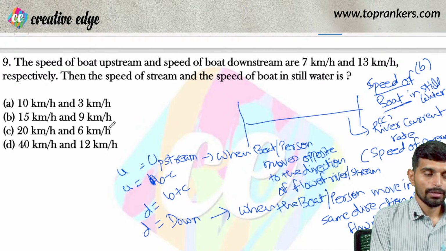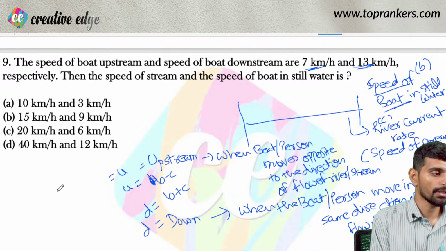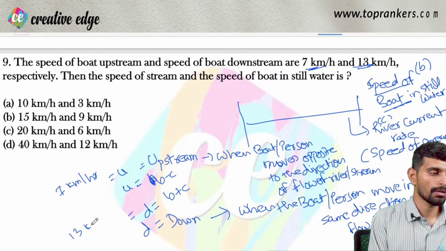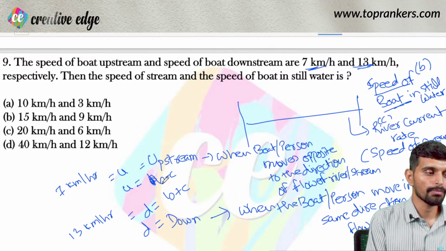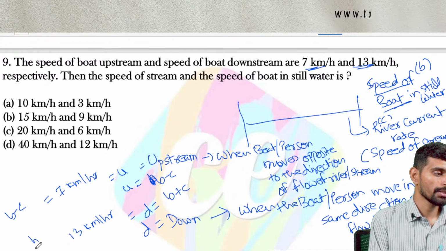So we are given here 7 km per hour and 13 km per hour, that U is 7 km per hour and D is 13 km per hour. So we need to determine B and C both. So let's add them together. So this is nothing but B minus C. This is nothing but B plus C.